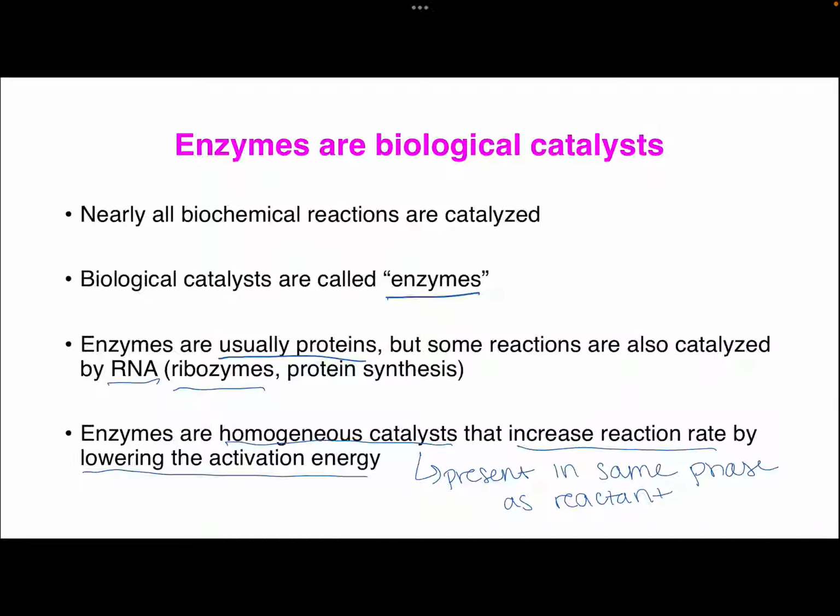And a really good example of this is that one of the major reactions involved in protein synthesis is actually catalyzed by an RNA in the ribosome, not a protein. Right? So that's kind of an overview of what biological catalysts are.